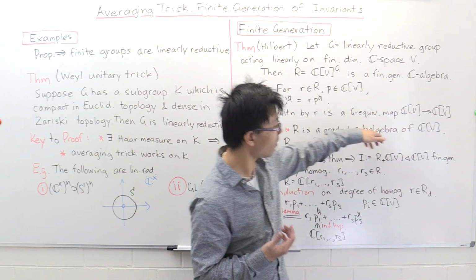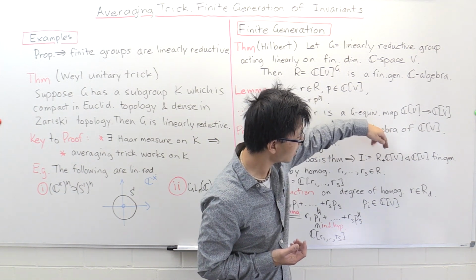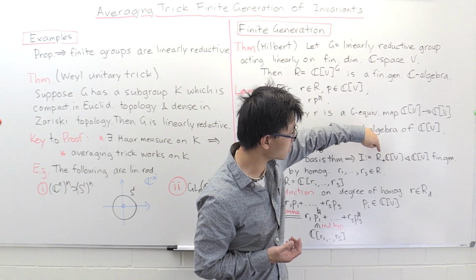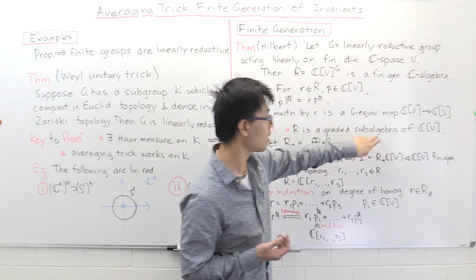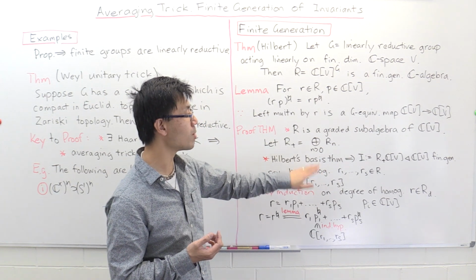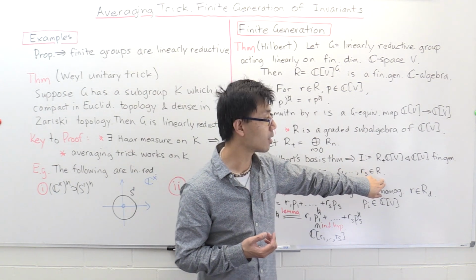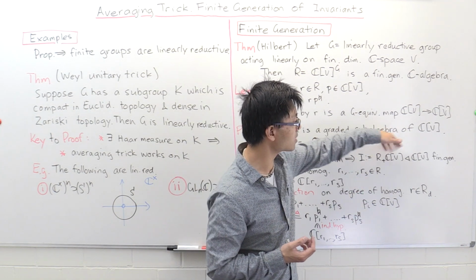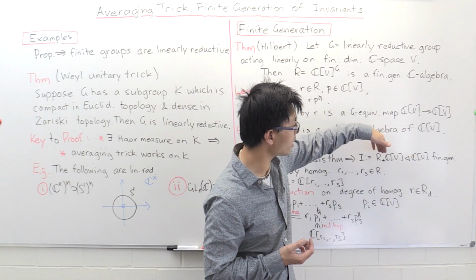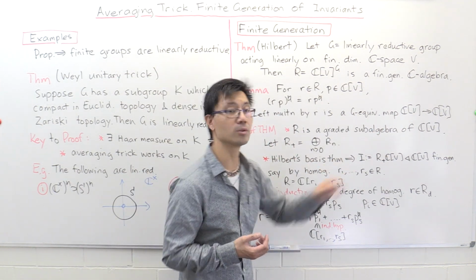So you can pick finite generators in there, and since the elements are basically C of V linear combinations of things inside R plus, you can pick those finite generators to actually be homogeneous elements R1 up to Rs inside R. That's because every element inside this ideal is a C of V linear combination of homogeneous elements. So that's what we'll do here.